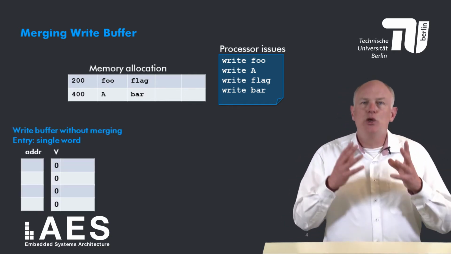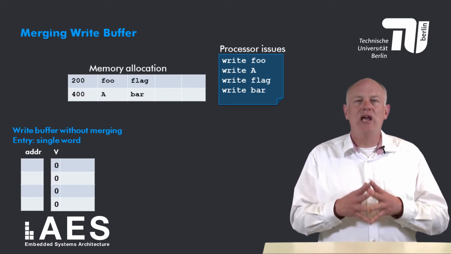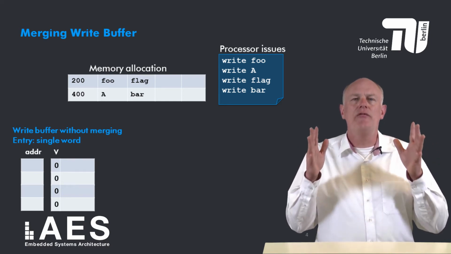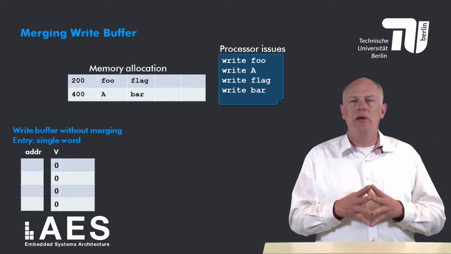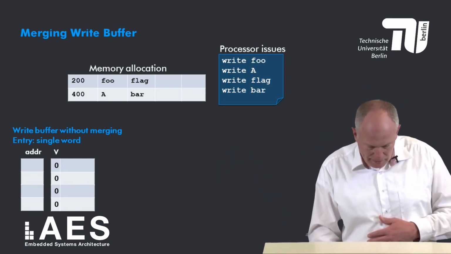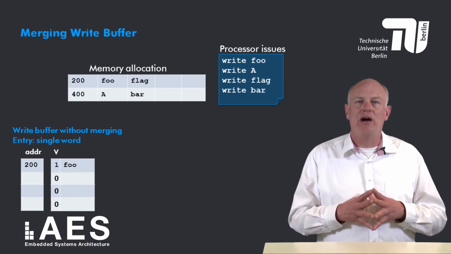If the core supports a non-merging write buffer, each write buffer entry will be a single word and consist of an address, a valid bit, and the data word to be written, as shown here. If the core now writes foo, it will be placed in the first entry of the write buffer.